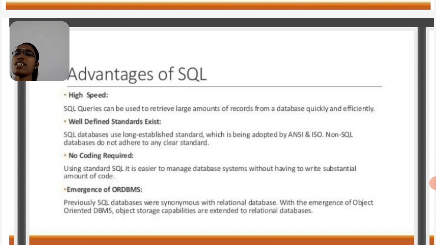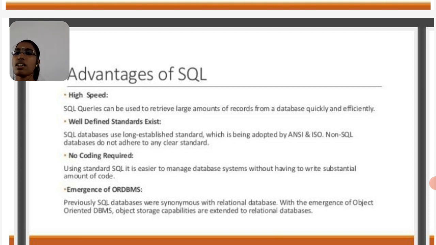It has high speed, a well defined standard exists, no coding required, and the emergence of ORDBMS. High speed: the query is used to retrieve a large amount of records from the database quickly and effectively. Well defined standard exists, what does it mean? SQL databases use long established standards adopted by ANSI and ISO.